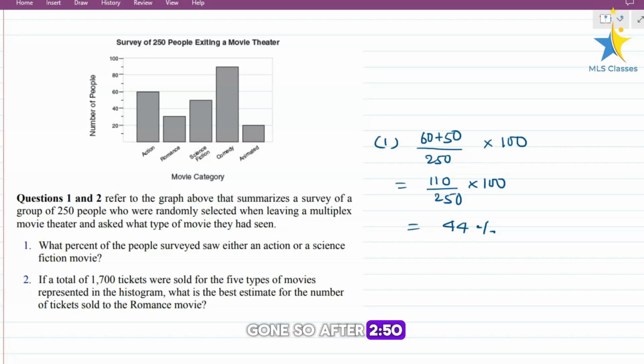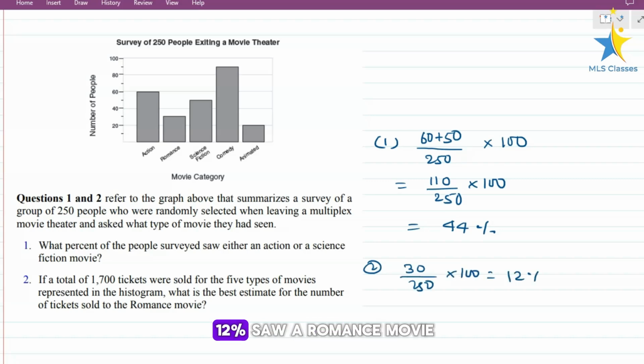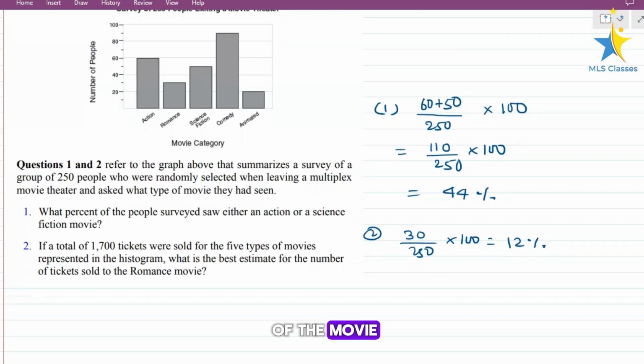So of the 250 surveyed, 30 over 250 times 100 gives us 12% who saw a romance movie. Assuming the same proportion holds for the entire number of movie tickets sold, the number of tickets will be equal to 1700 total tickets times 12%.